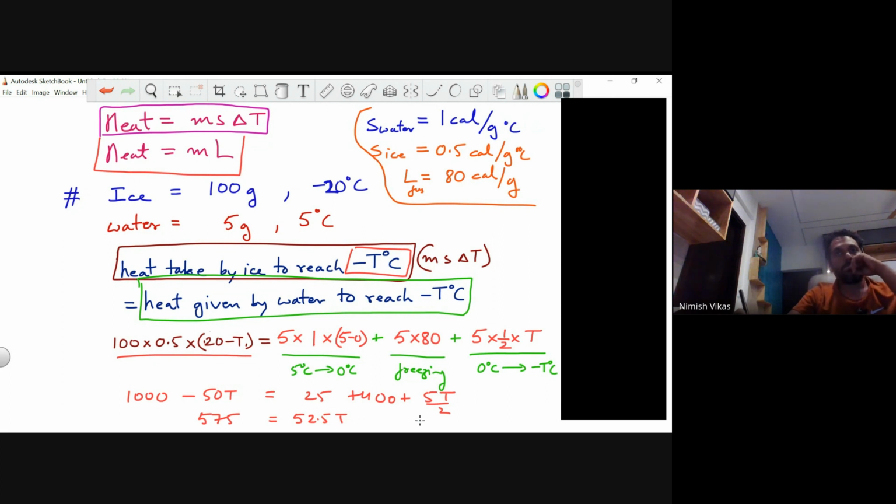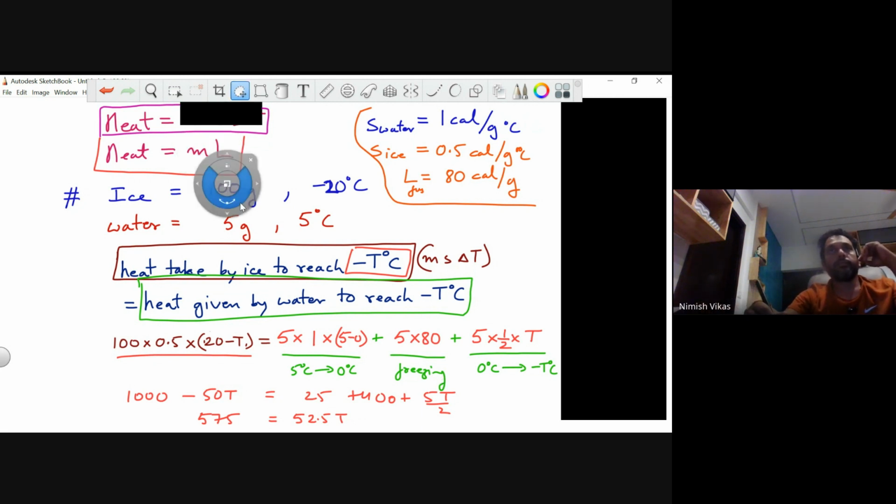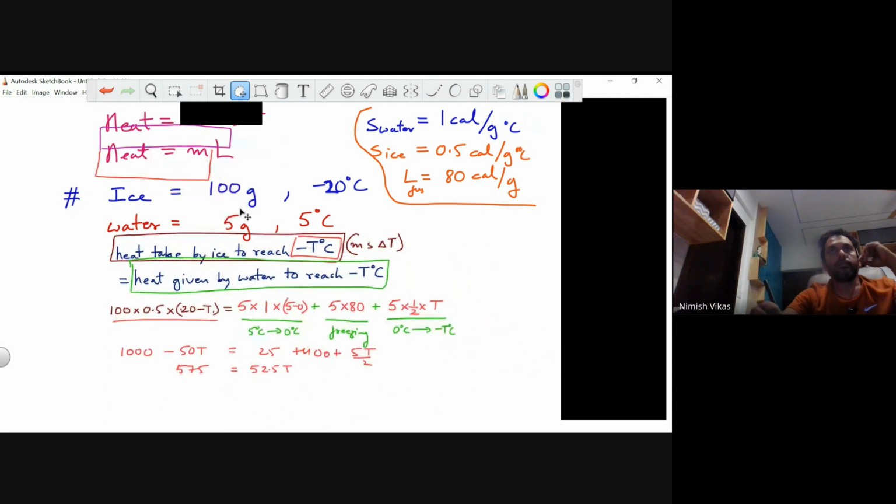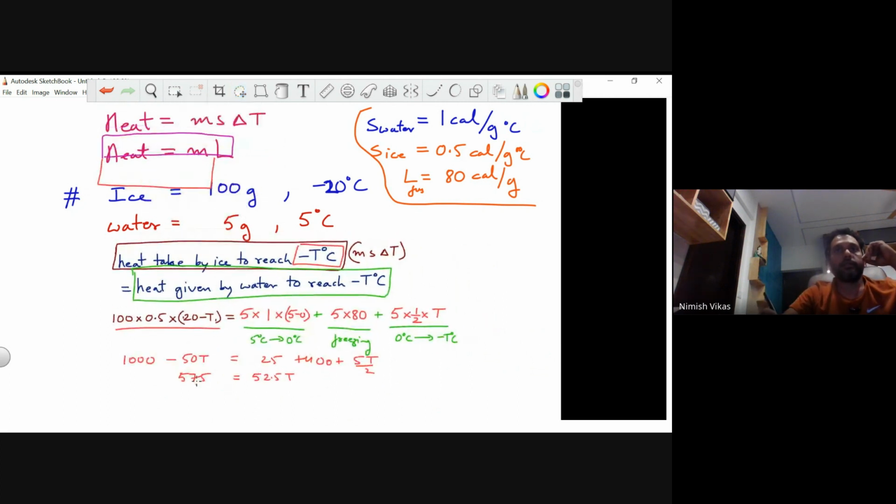Right, people? So when you divide the two, what do you get? You can do the division. I'm not doing it. So T is equal to 575 divided by 52.5. So somewhat like 11 it is coming. Right, guys?